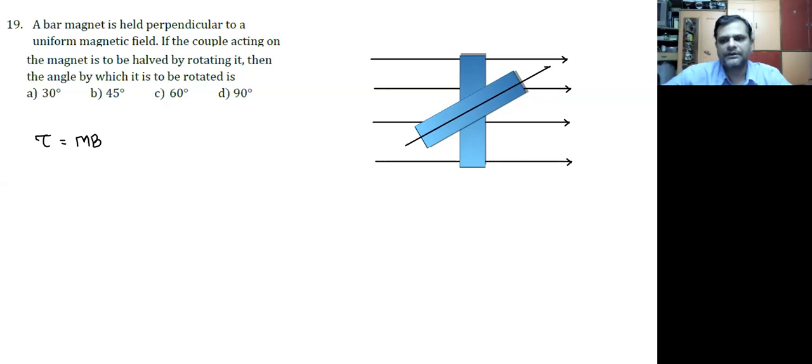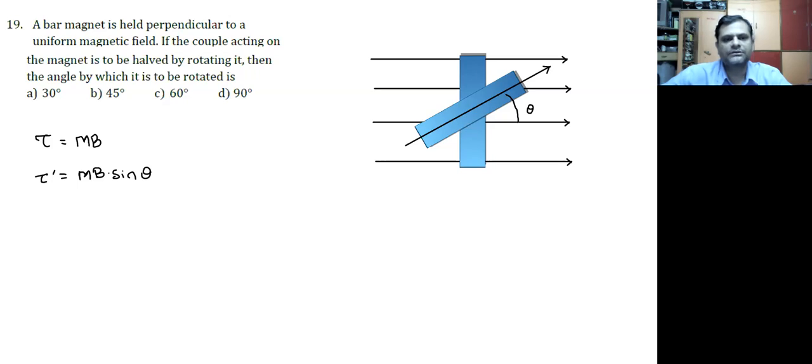Suppose ये axis है मैग्नेट का और वो इस मैग्नेटिक फील्ड के साथ थीटा इतना एंगल कर रहा है. सपोज ये एंगल थीटा है, तो ऐसे केस में हमको ये पता है कि टॉर्क एक्टिंग ऑन द मैग्नेट बिकम्स एक्चुअली m b sin theta. करेक्ट है.